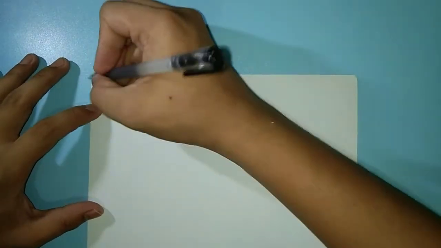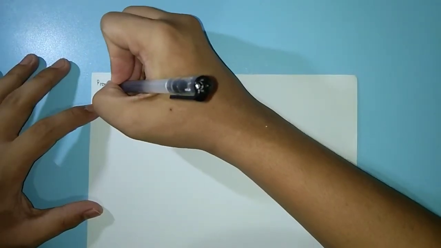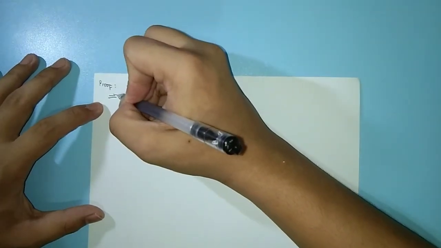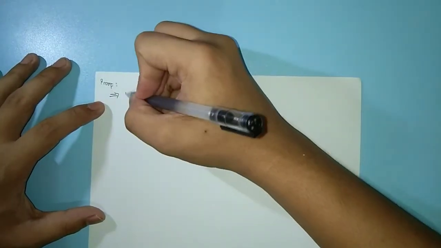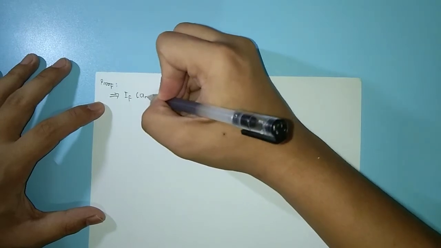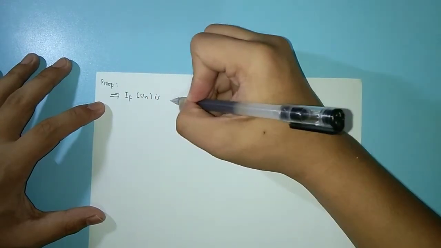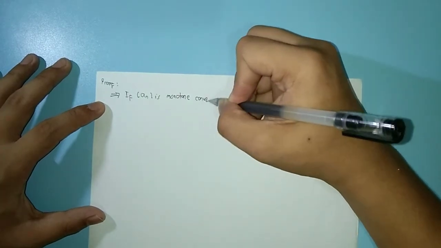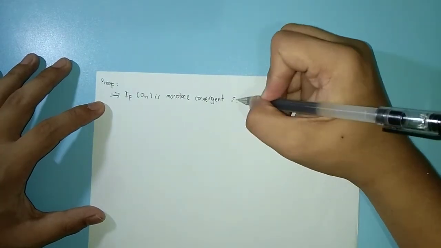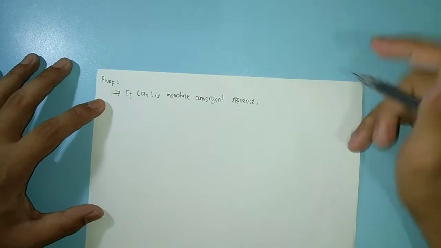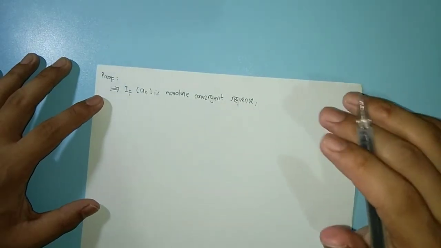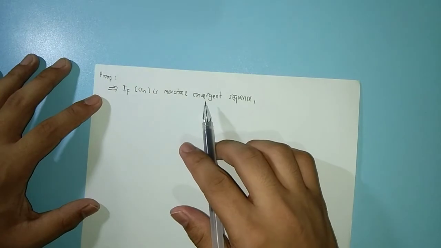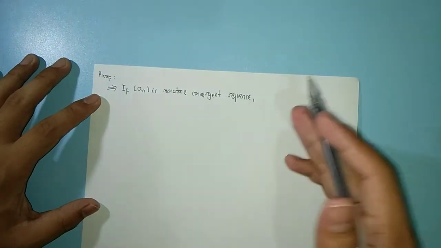Okay, so for our proof, dun muna tayo sa una. If the sequence a sub n is a monotone convergent sequence, sa mga naunang video natin, prinove natin na kapag ang sequence daw ay convergent, then automatic yun daw ay bounded.